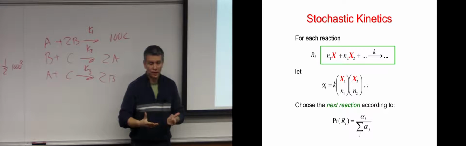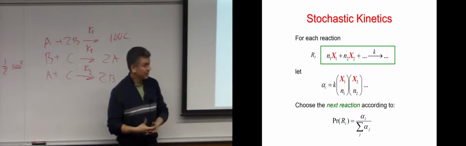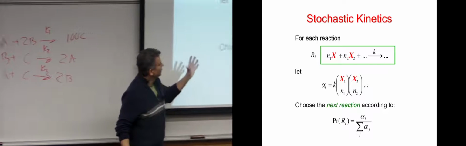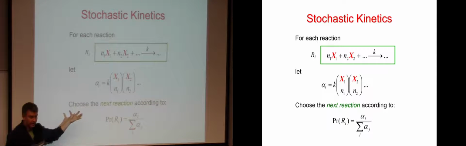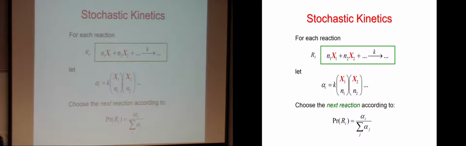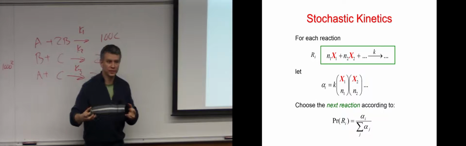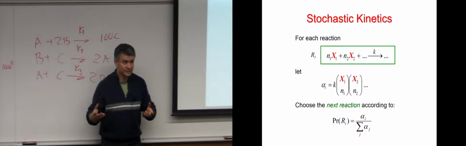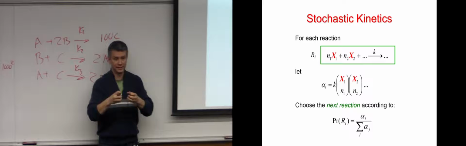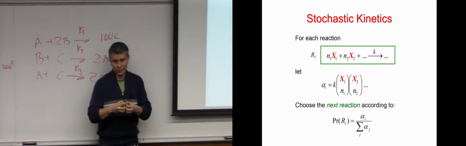Well, it'll be proportional to K, and it'll be proportional to the concentration of your reactants, or the quantity of your reactants. And if you have multiple copies that are needed to participate, it'll be proportional to the square of the quantities. Now, you're saying to yourself, well, that doesn't sound right, because if a reaction requires 3 molecules to simultaneously collide, and by the way, in an elementary sense, those reactions exist, apparently, but they're extremely rare.